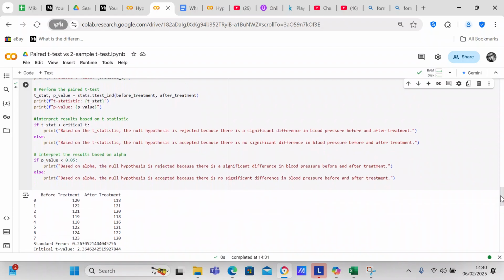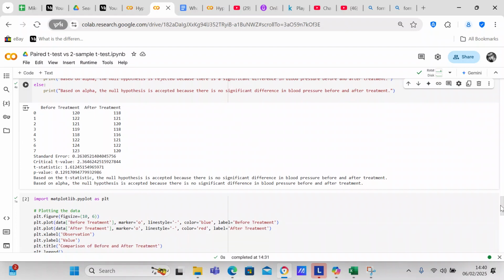The only real difference is the formula for the two-sample t-test: t-stat, p-value equals stats.ttest_ind, with before treatment and after treatment, and then you print your t-statistic and your p-value. Your t-statistic is going to be 1.612, and your p-value is going to be 0.129. Then you have to interpret the results.